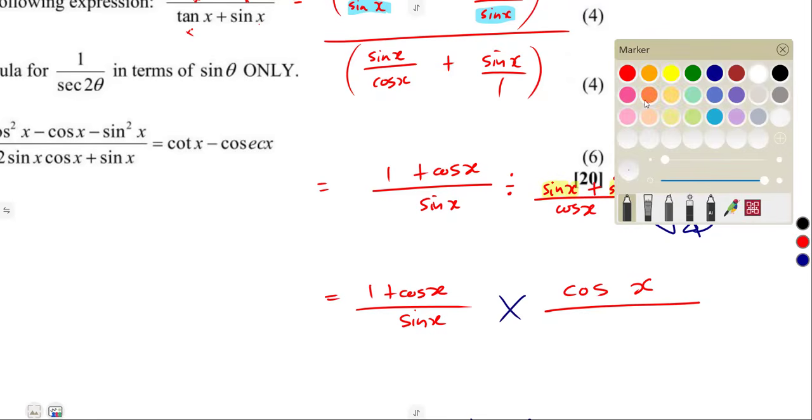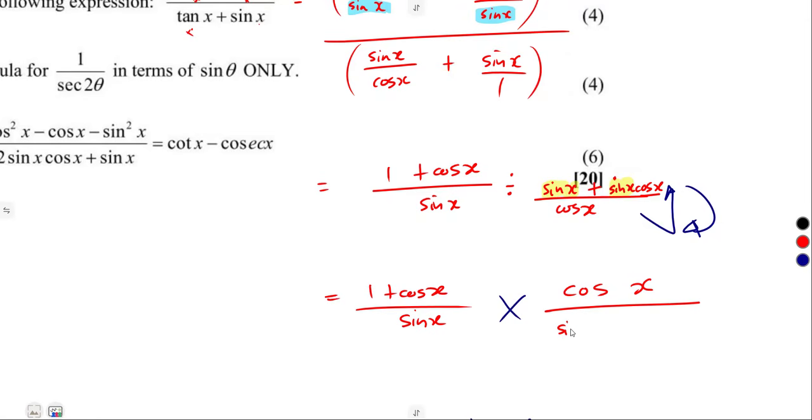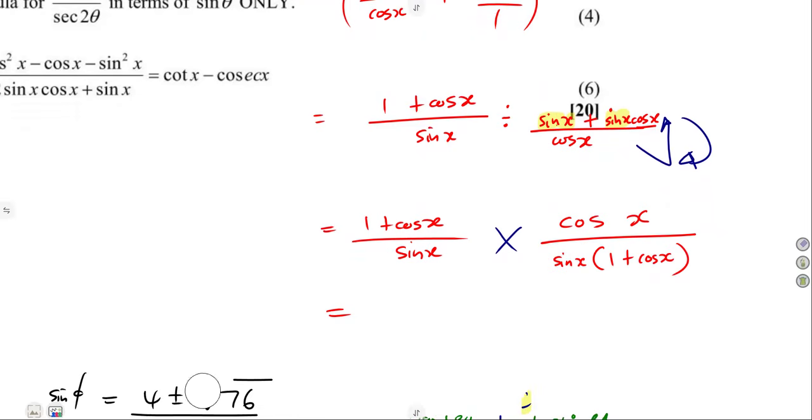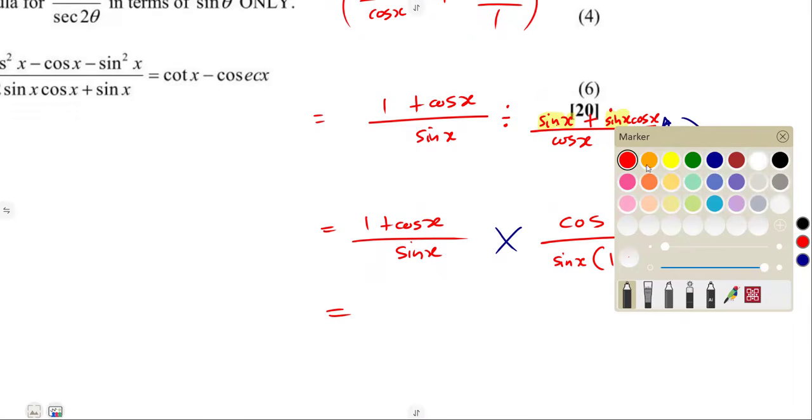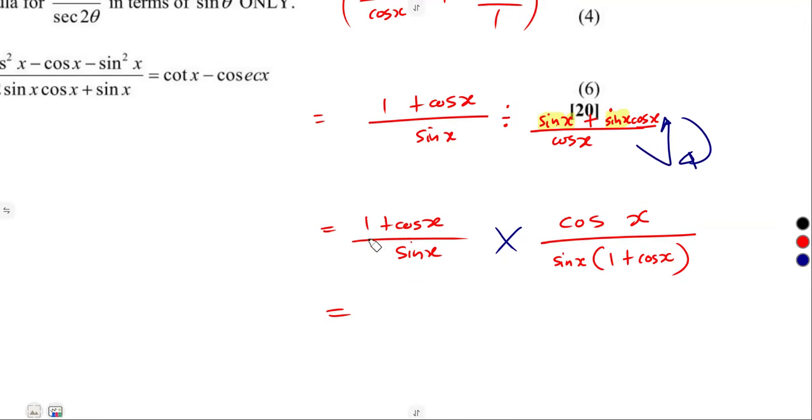So as we are writing our denominator, we can simply factorize it. That's going to be 1 plus cos of x remaining. So this is it. We can see that this one cancels. As the 1 plus cos of x, this part cancels with this one. This is going to be 1 and 1.